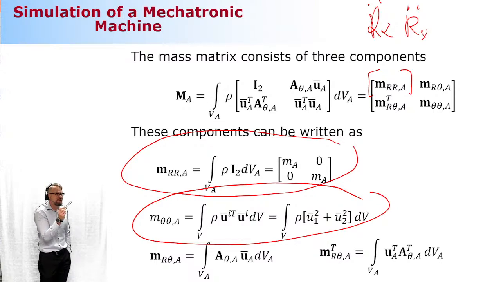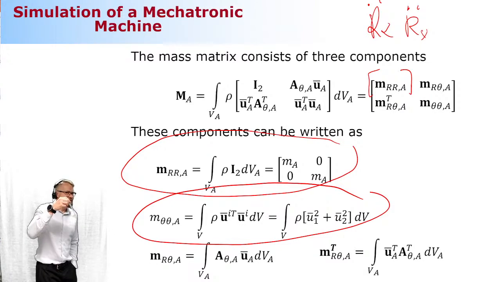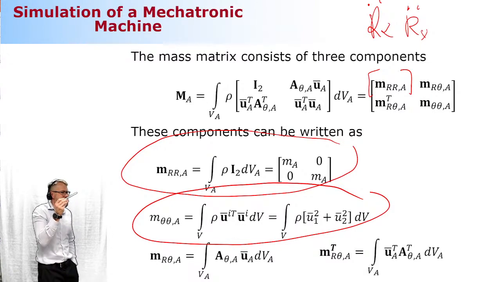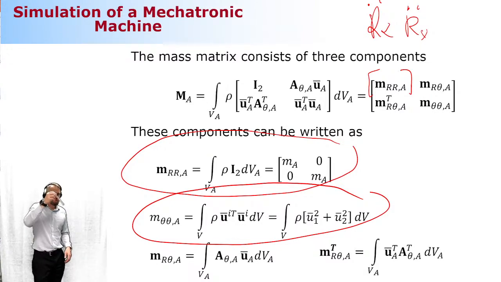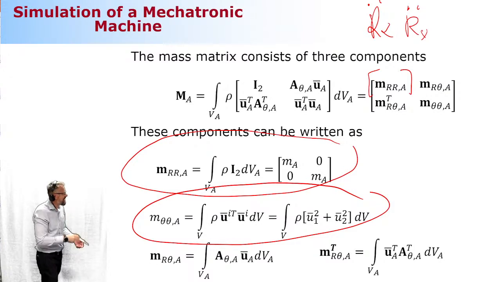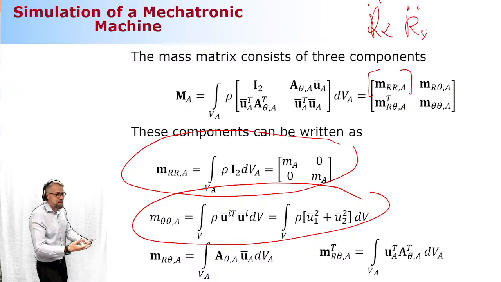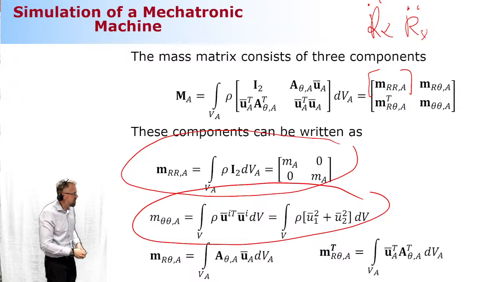It is how much rotation is resisted because of inertia. You know that rotating a bend with one end fixed is different from rotating it in the middle. You can try this at home. So you know what it is: the mass moment of inertia.